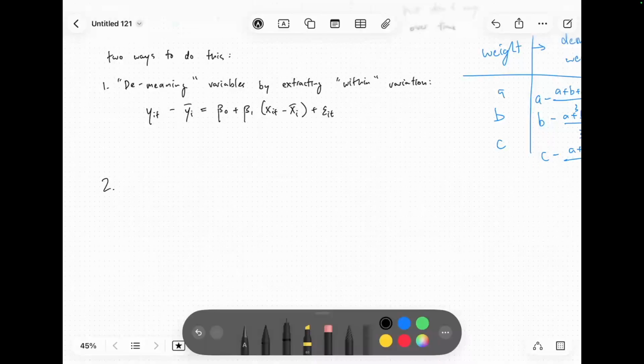And the other way is to add a binary control variable for every individual.